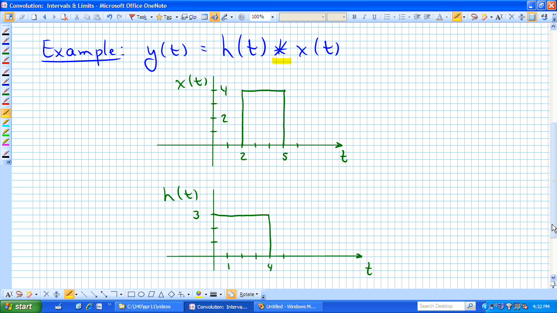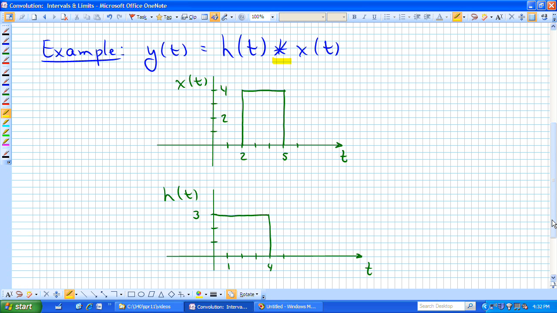In order to convolve these in the convolution integral, we need to flip and slide one of these waveforms. Actually, it would probably be easier to flip and slide h of t, since h of t begins at 0 and ends at 4, but I'm going to make it more difficult, but hopefully it will be more illuminating.